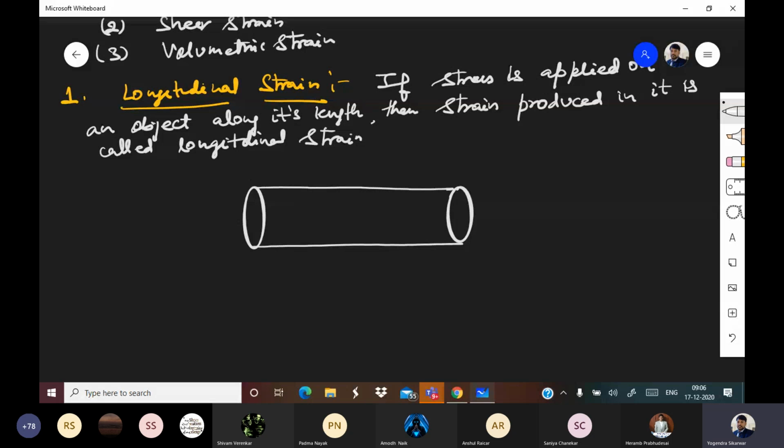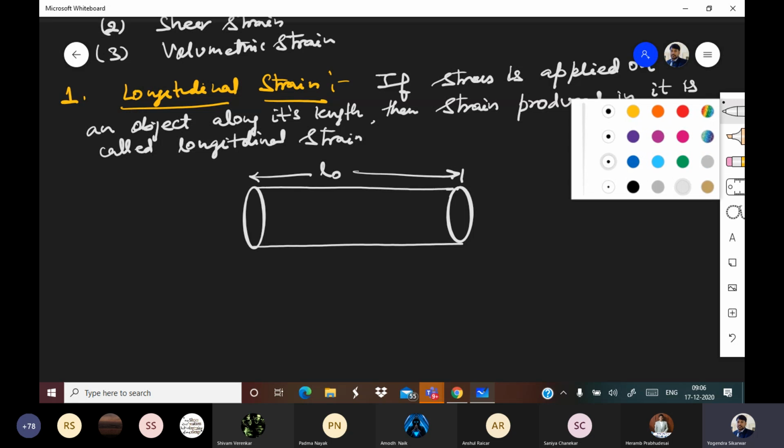Okay. So here, this is the length, or you can say the initial dimension. So you can call it L naught. L naught means initial length.